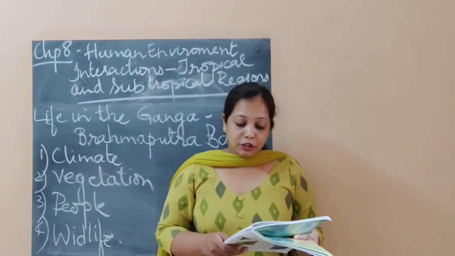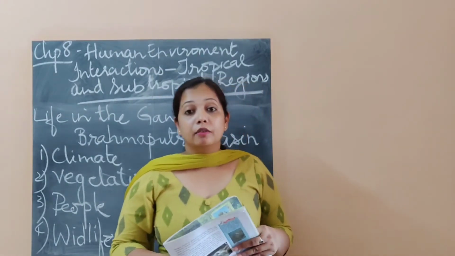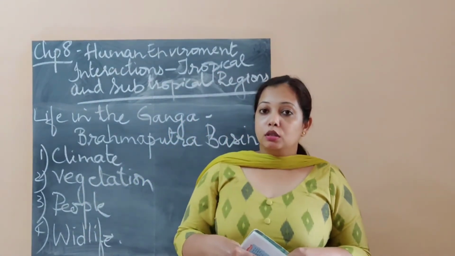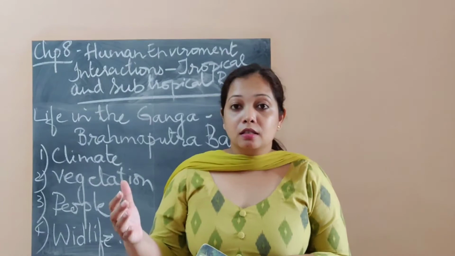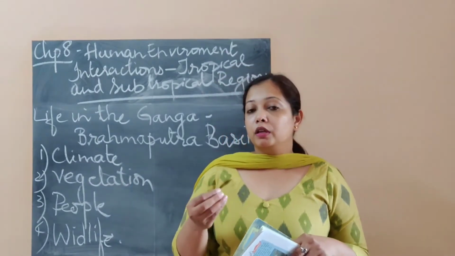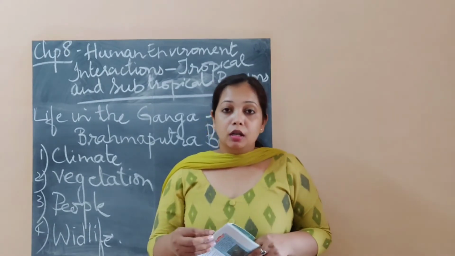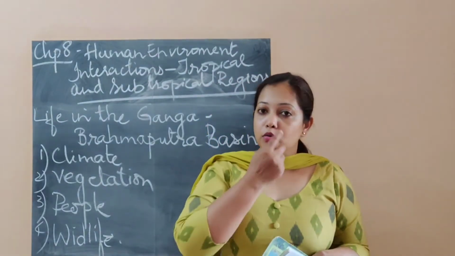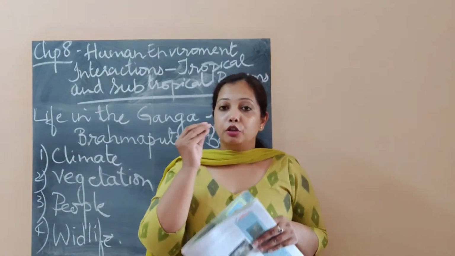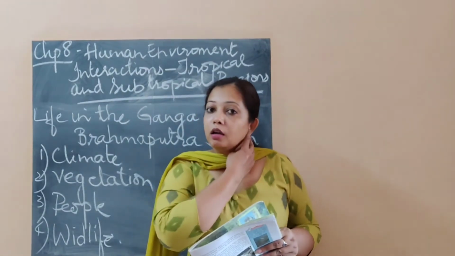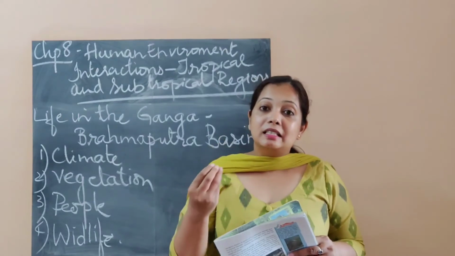Then there is banana plantation, and when we talk about Assam and these areas on the eastern side, they are very famous for tea plantations. They have an apt amount of water, humidity, and soil that is very rich for growing tea leaves.